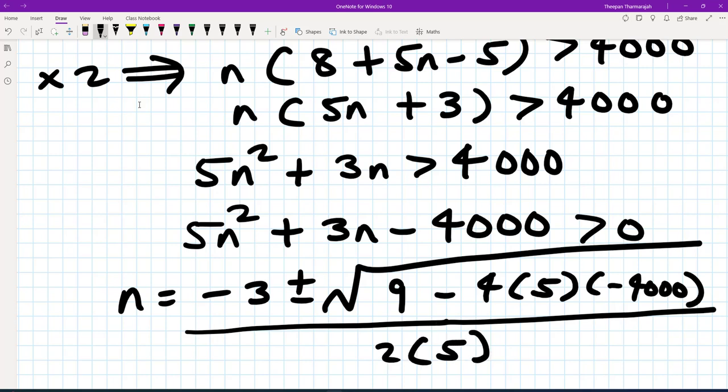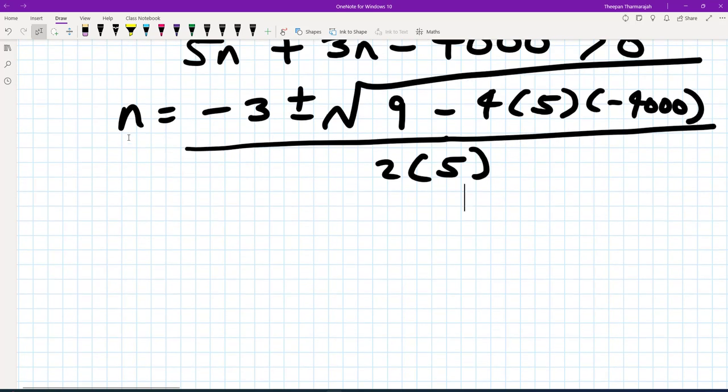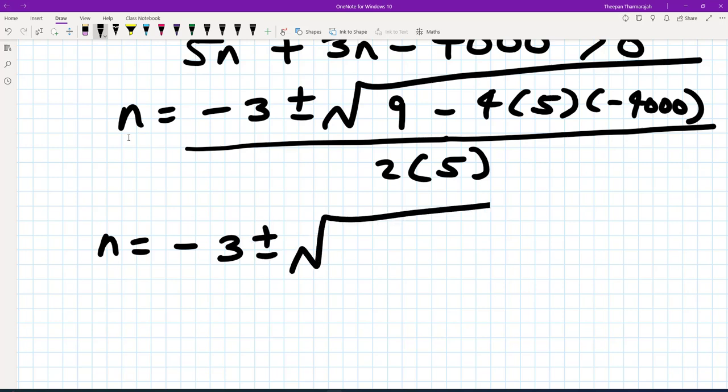Now simplifying that down will give me minus 3 plus or minus the square root of 9 plus 80,000, all over 10.